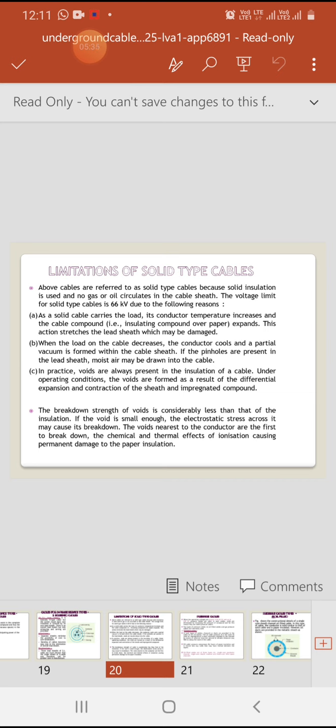Then the next reason is, when the load on the cable decreases, the conductor cools and a partial vacuum is formed within the cable sheath, and if pinholes are present in the lead sheath, moist air may be drawn into the cable. Therefore it may reduce the dielectric strength of the insulation, which may eventually cause the breakdown of the cable.